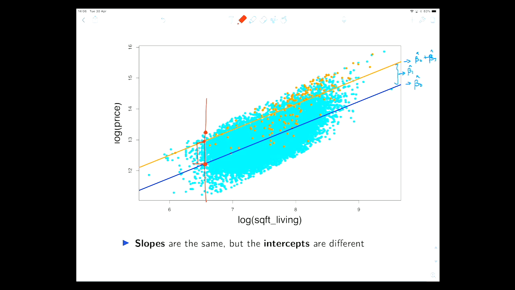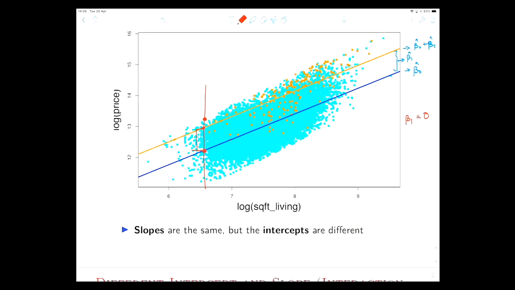So that initial hypothesis that I had put up, which was that house prices only truly depend on the living area and not the presence or absence of waterfront, we can test that. We can test that hypothesis by testing whether beta 1 is equal to 0 or not.